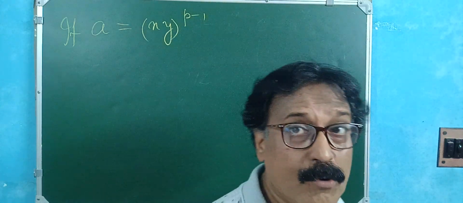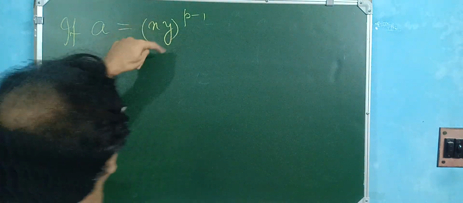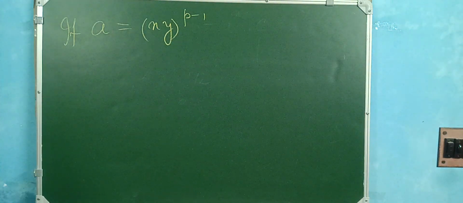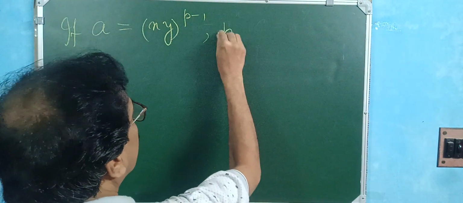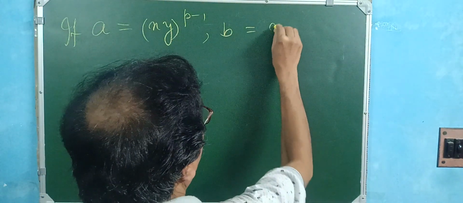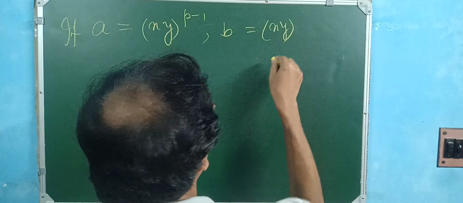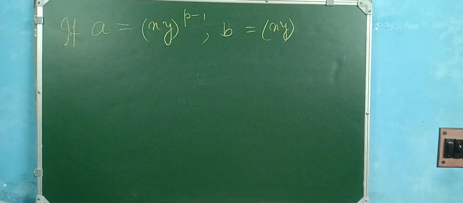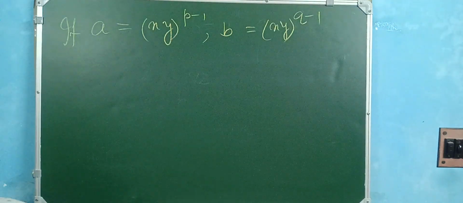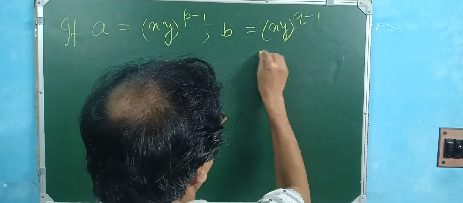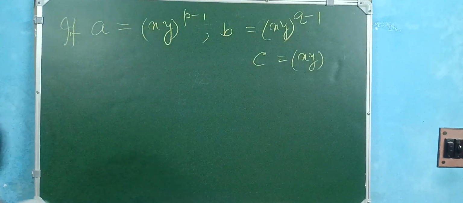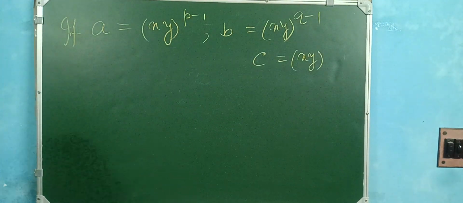In the ML Agrawal books, this is xy, no use of the bracket, p to the power. That is a confusion. So okay, B is equal to (xy) to the power q minus 1, and C is equal to (xy) to the power r minus 1.